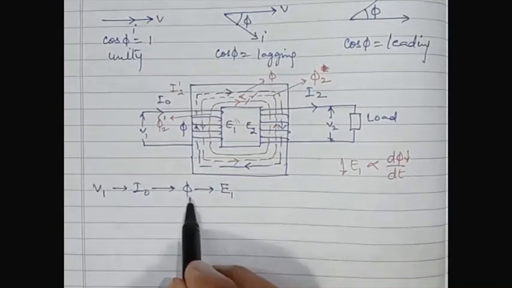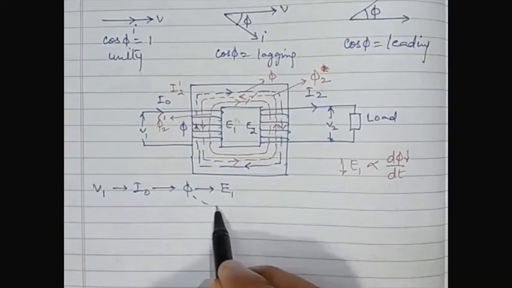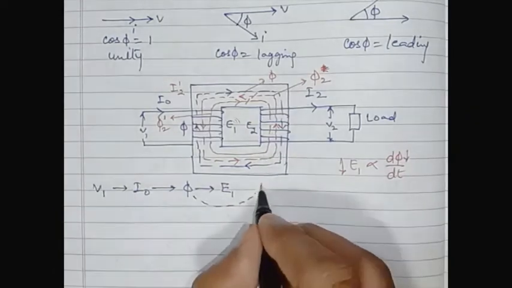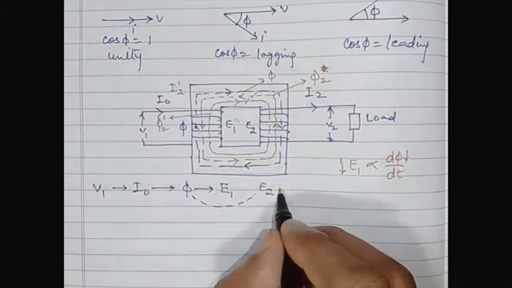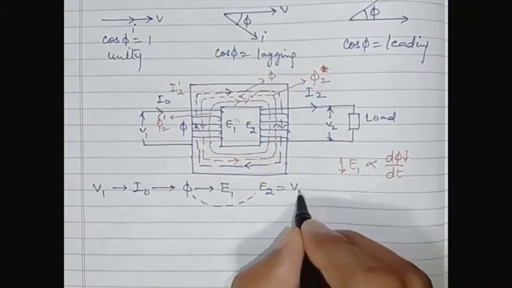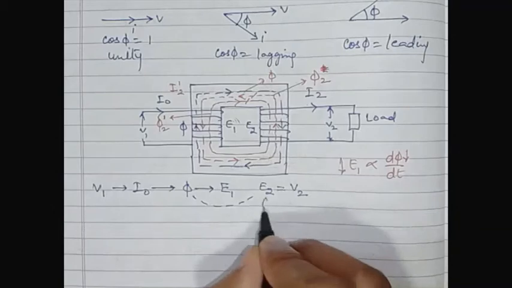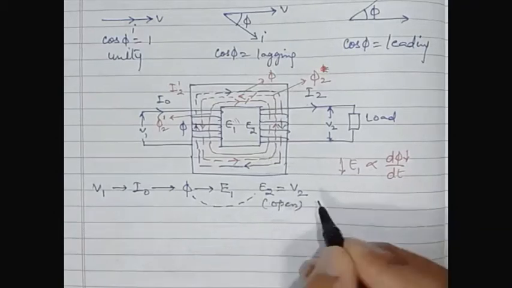This flux phi also links with the secondary winding and induces EMF E2. When the terminals are open, E2 is equal to V2.